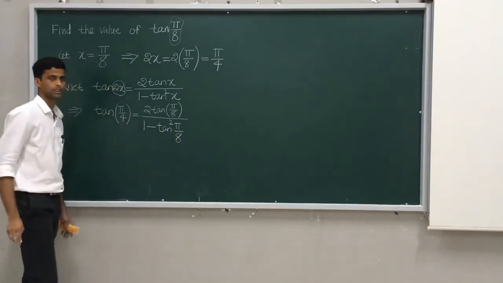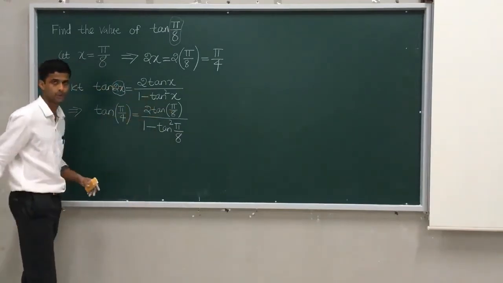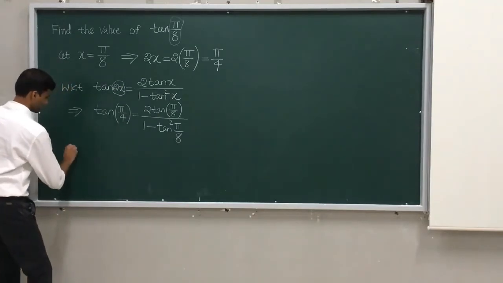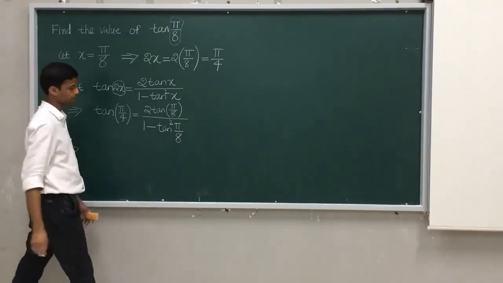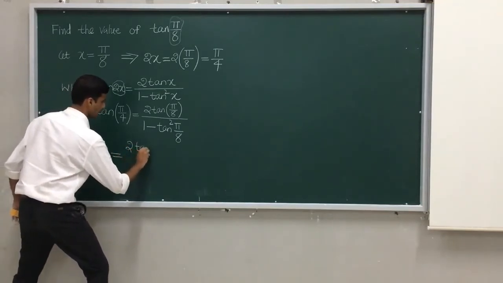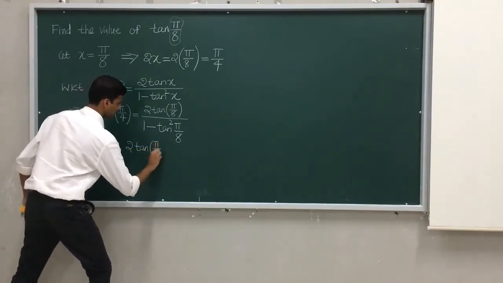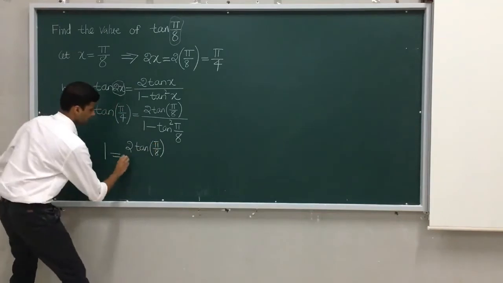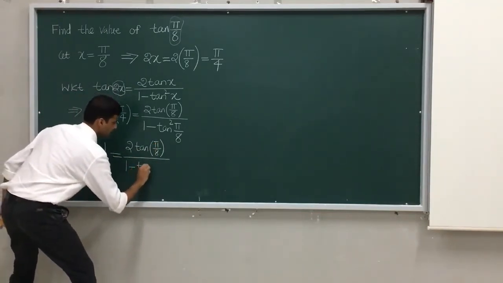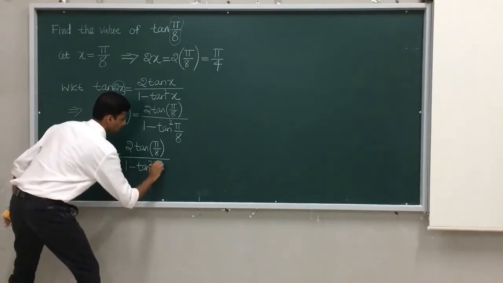You may ask, what is tan pi by 4? It is 45 degrees, so it is 1. So 1 equal to 2 tan pi by 8 upon 1 minus tan square pi by 8.